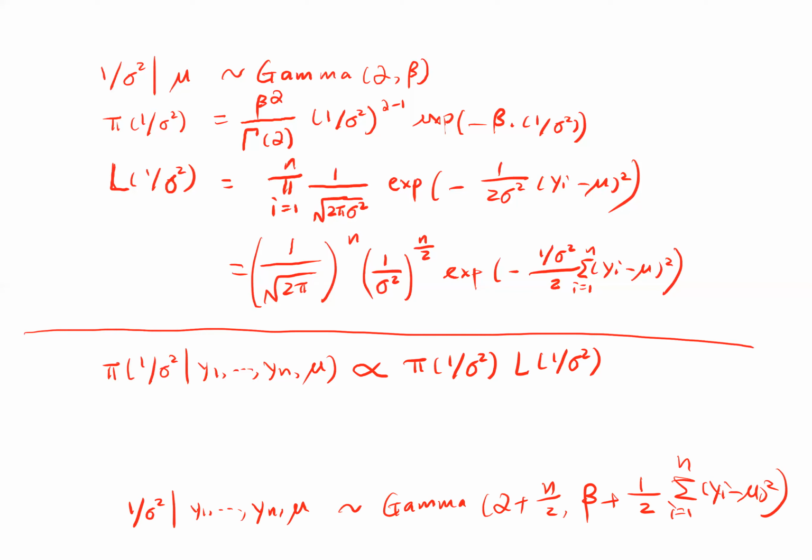In order to recognize this as a gamma distribution, you're going to match the form I wrote at the top. If you have a gamma alpha beta, that's what you see in terms of the random variable in the prior. So whenever you're recognizing the posterior, you should leave the form that way as well.